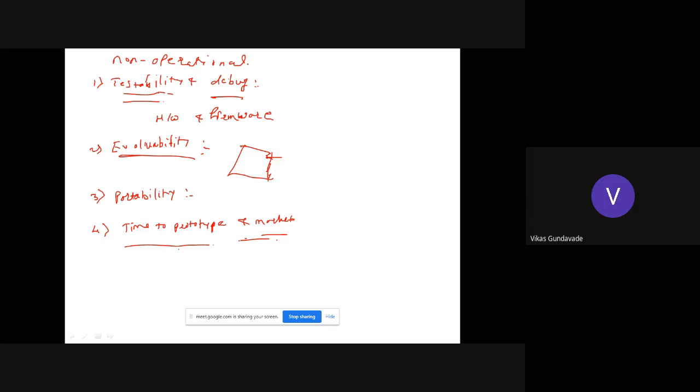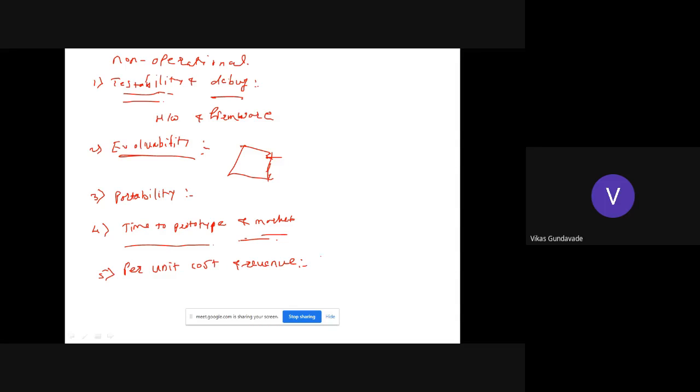Then also the vendor or the user needs to consider the per unit cost and revenue. Every vendor who is designing an embedded system or any sort of application is designing it to generate profit or revenue.